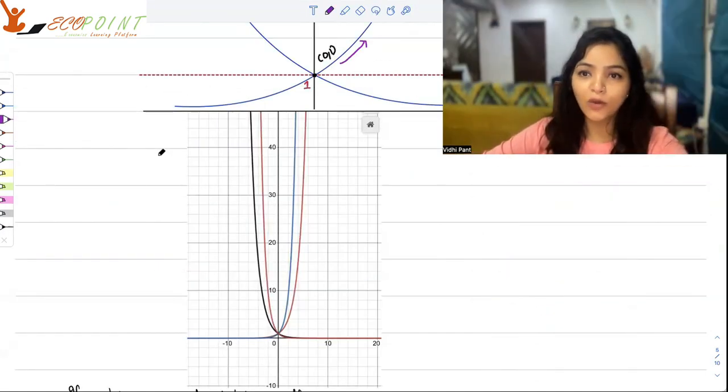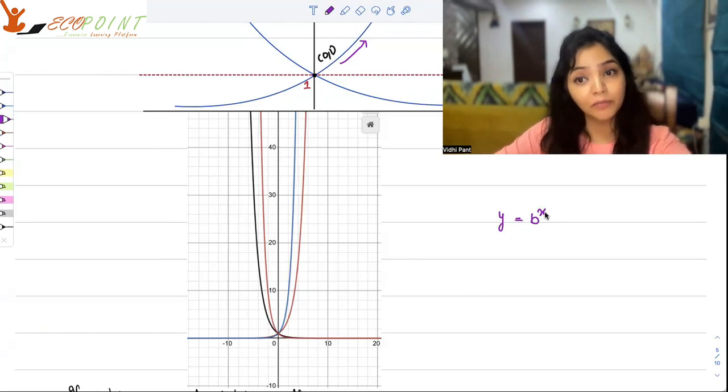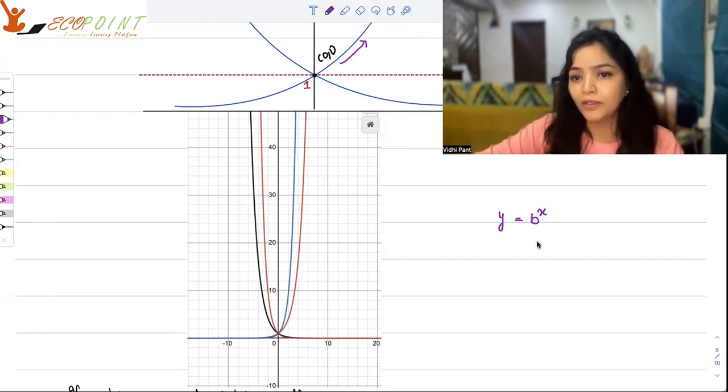So I wanted to talk to you about what is a family of exponential functions. So when I say family of exponential functions, what do I mean? So suppose we talk about y equals b to the power x. Now with different b, I can create a set of b to the power x. For example, a function where I take b as 2 to the power x.